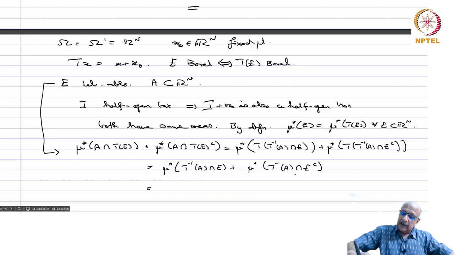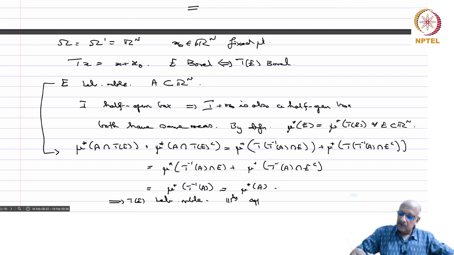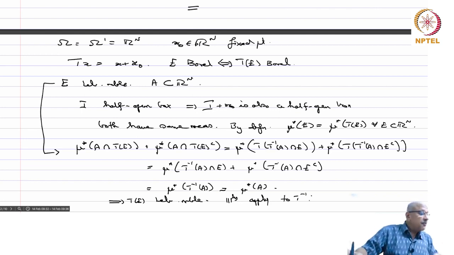But E is Lebesgue measurable, therefore this is mu star of T inverse of A. T and T inverse are both homeomorphisms, and we just saw they are just translations, and therefore this is the same as mu star of A. So this implies that T(E) is Lebesgue measurable. Similarly, apply to T inverse. Okay, so then we have proved the following theorem.